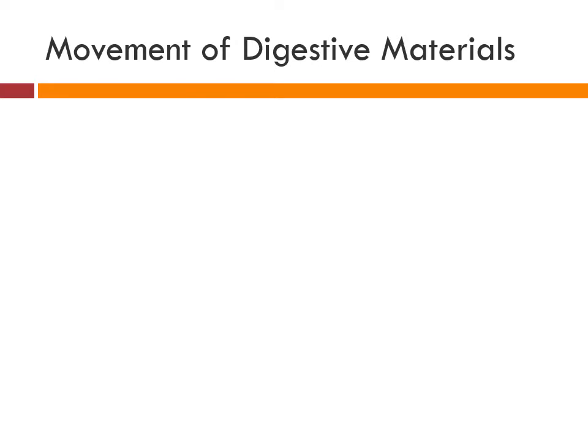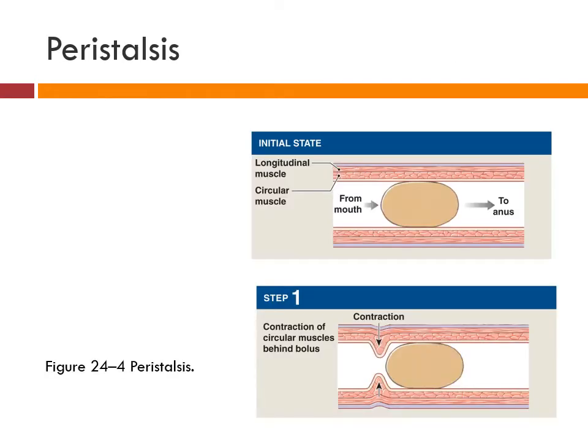Okay, so now we're going to move on to how material actually moves through the digestive system. Peristalsis is active muscular contraction that propels a bolus. A bolus is what happens after you chew up your food and mix it with the salivary secretions.